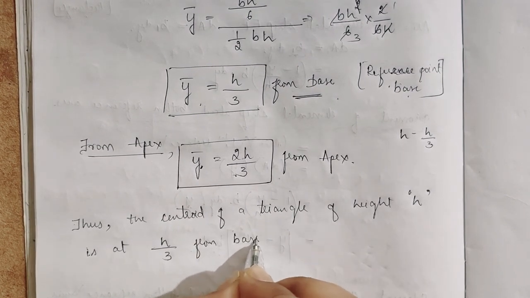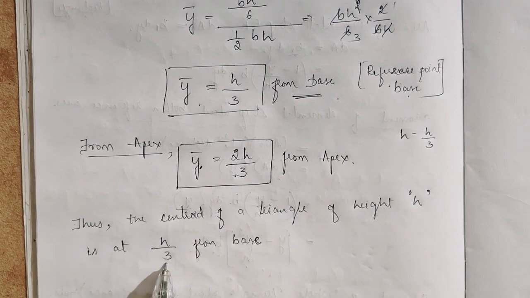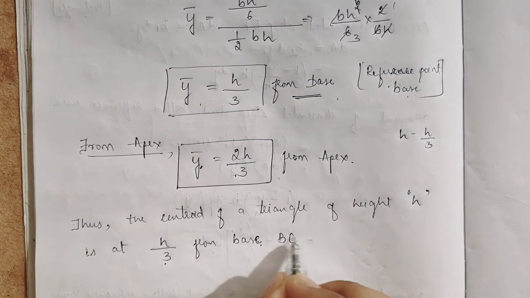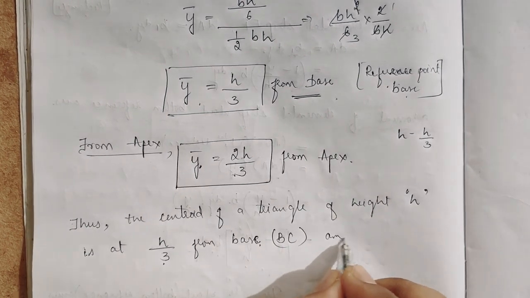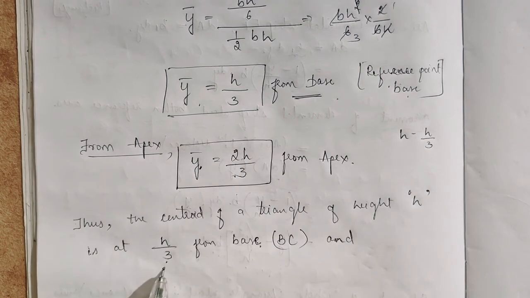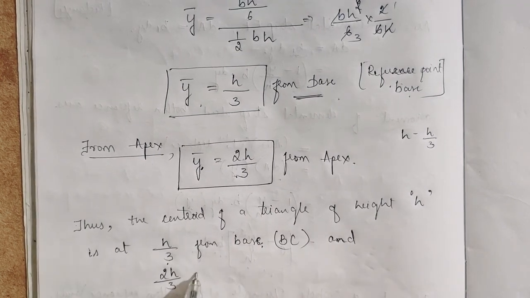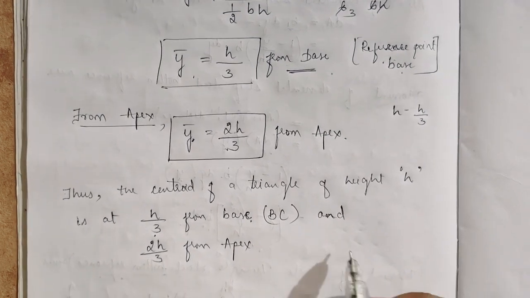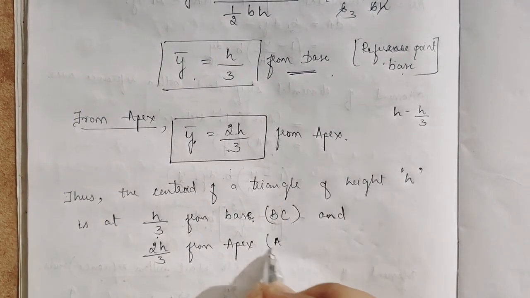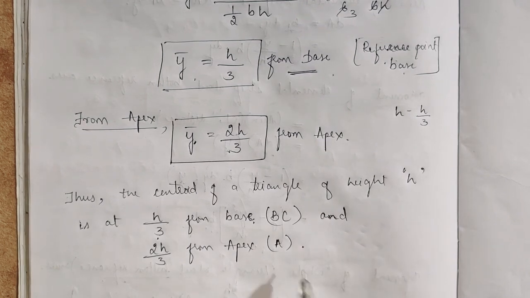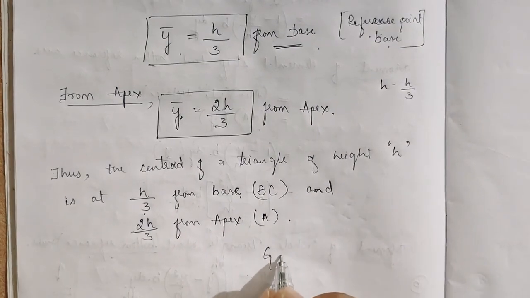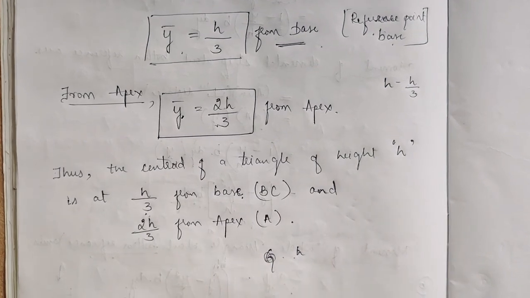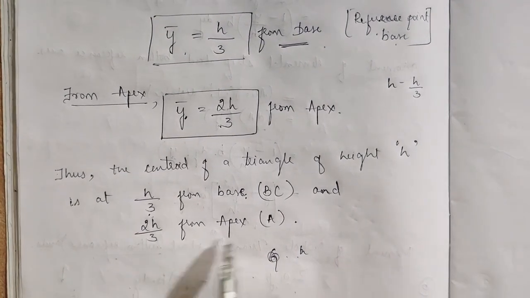The point G will be at a distance of h by 3 from the base BC, and 2h by 3 from the apex A. Okay, keep in mind where the centroid G will be: from base it is h by 3, from apex it is 2h by 3.